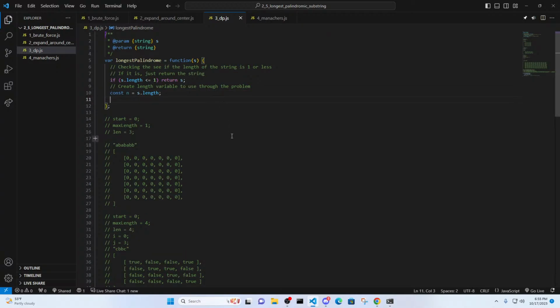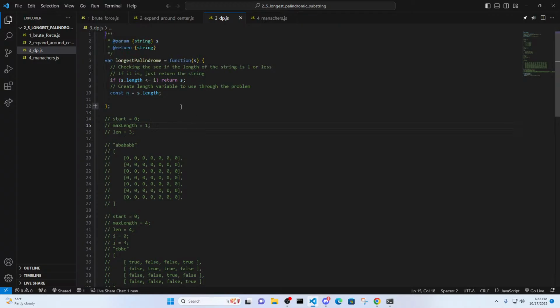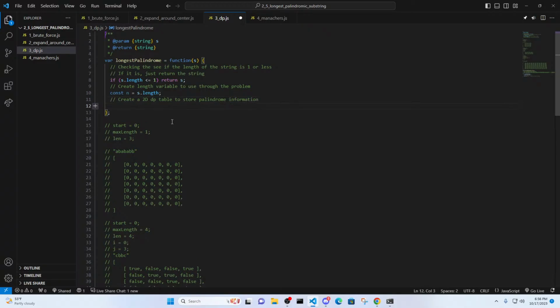And then basically I want to create an array to represent the string. The interesting thing about this array is, let me go ahead and create it, and then I'll break it down for you in the command line. So let's say we'll create the 2D DP table to store palindrome information.